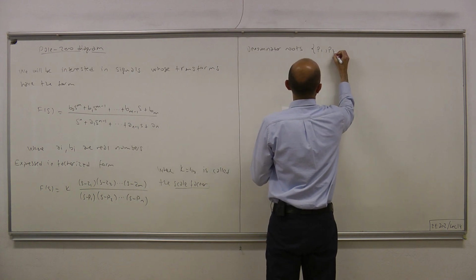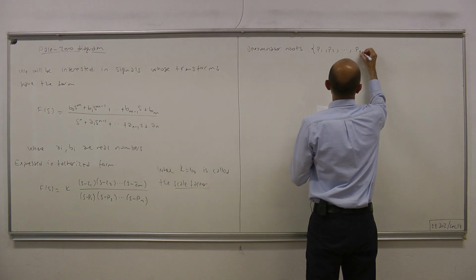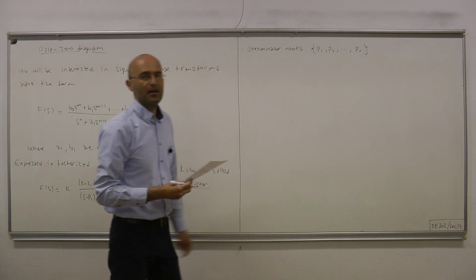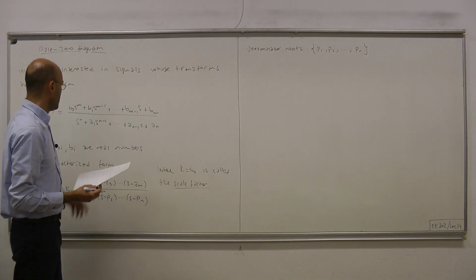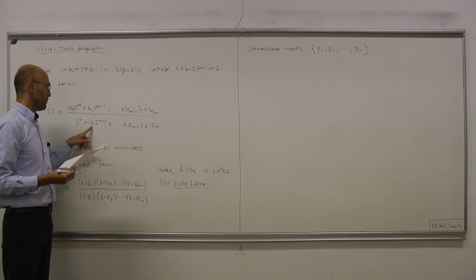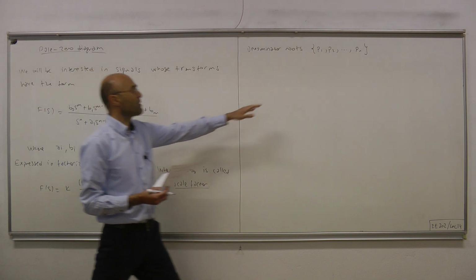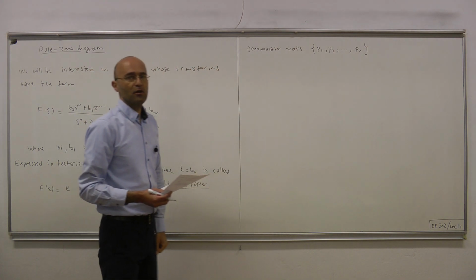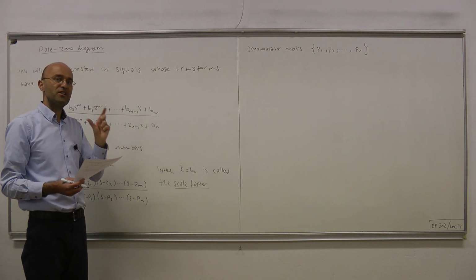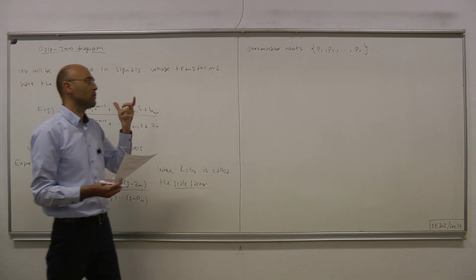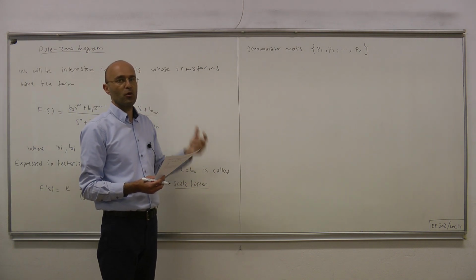Note that we're dealing with polynomials with real coefficients. Therefore, even though we may have complex roots, if we have a complex root, it always appears as part of a complex conjugate pair.